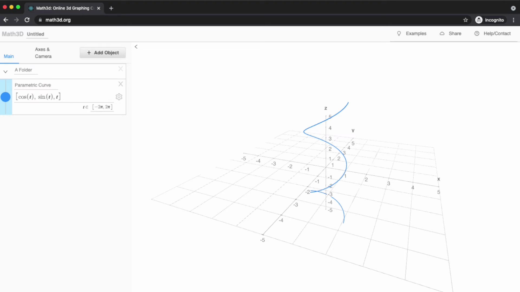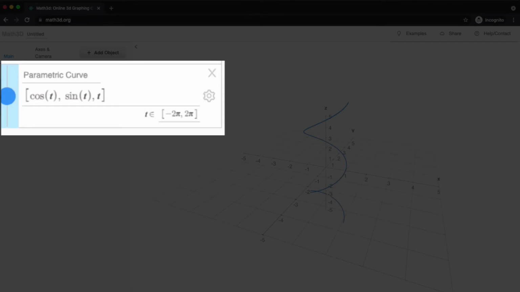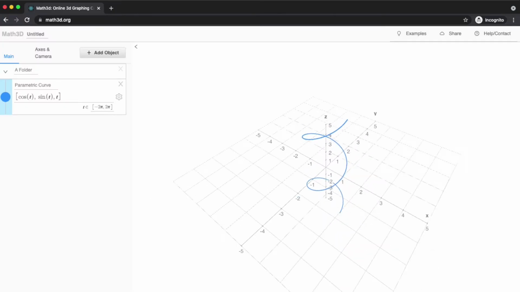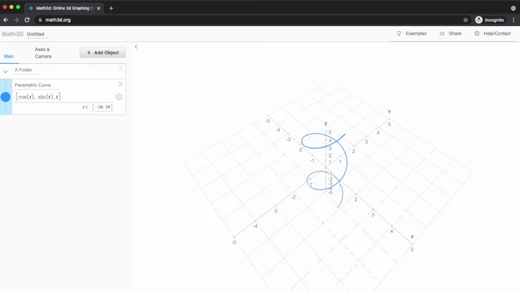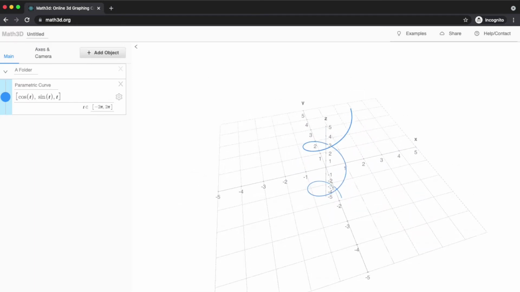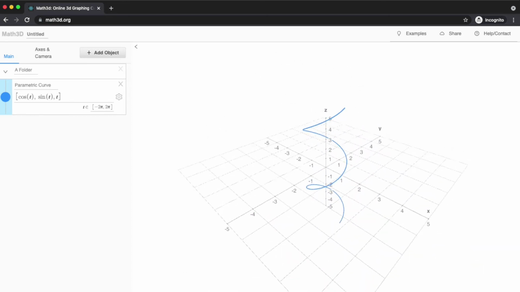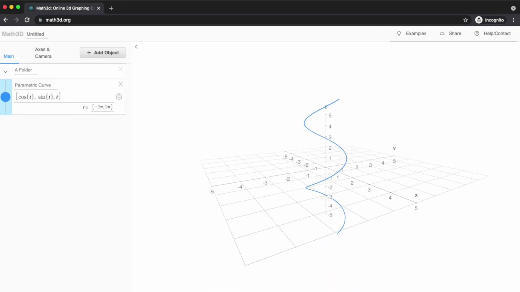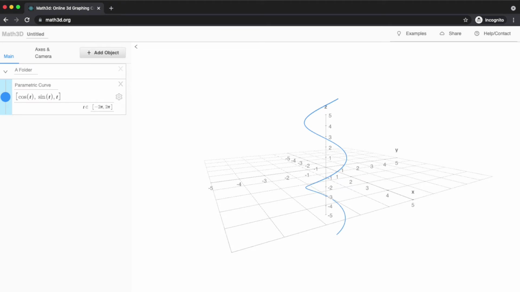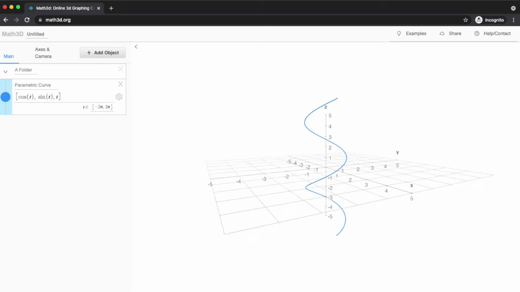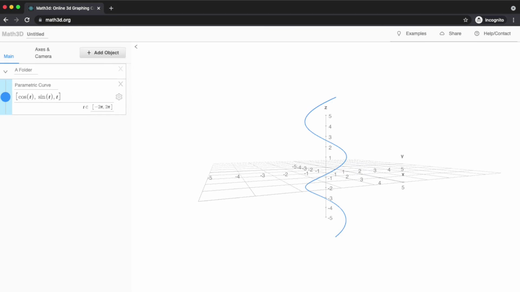In this case, the example that comes up has x equals cos of t, y equals sine of t, and z equals t, so it already is that example we wanted, and there is the helix that we had sketched in our notes. It's circling around the z-axis, and as t increases, it's going up the z-axis.